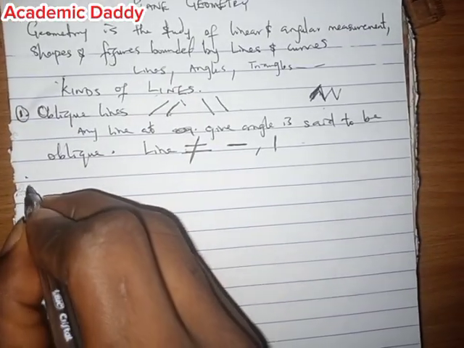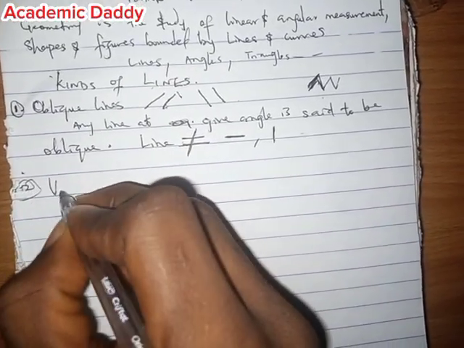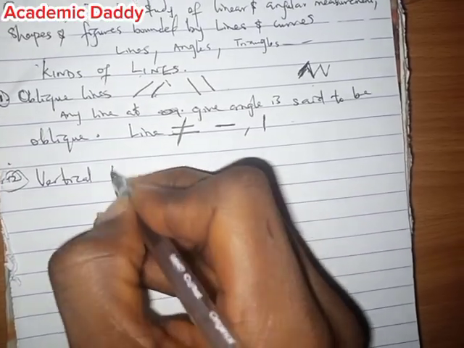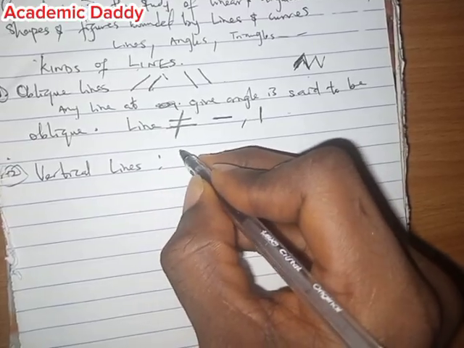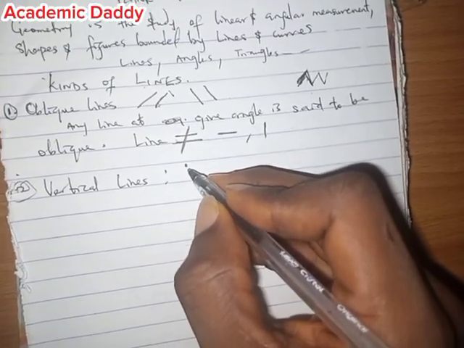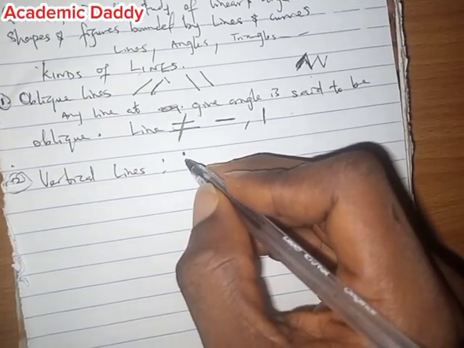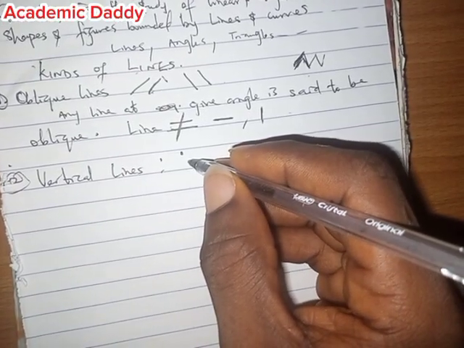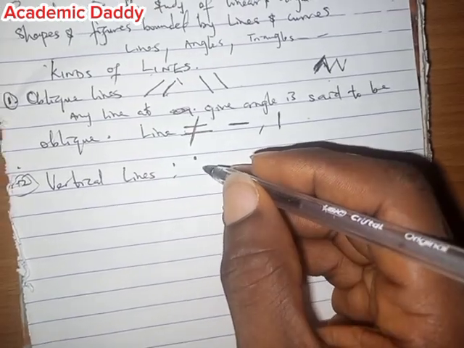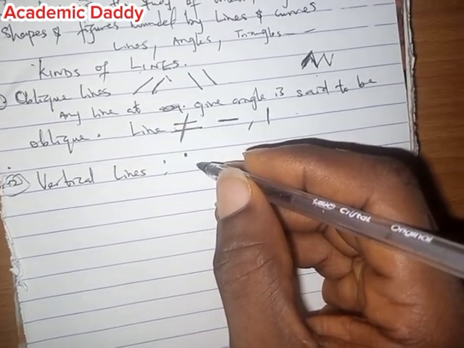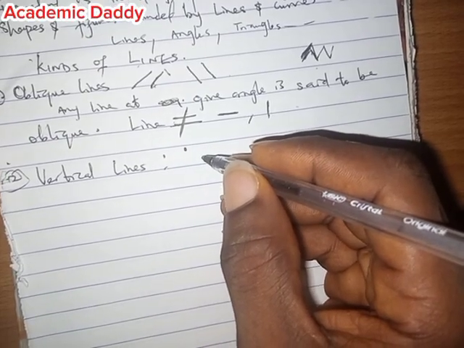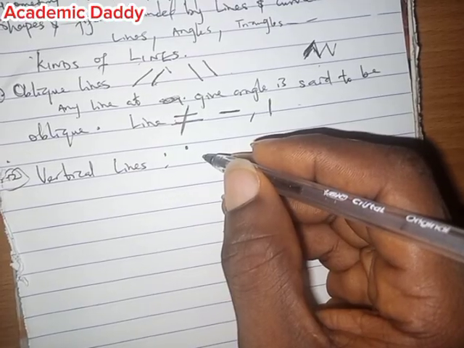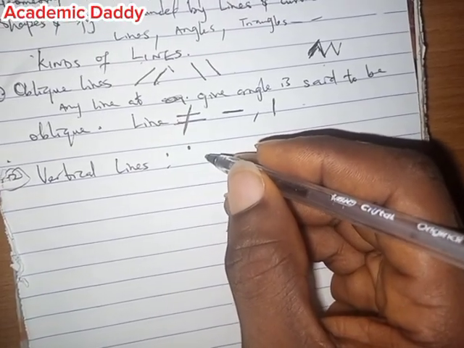The second type of line is what we call vertical lines. So we say that first of all, a line is the extension of a dot, or you say lines are angles from 0 to 180 degrees, or you say they are extension of a dot.